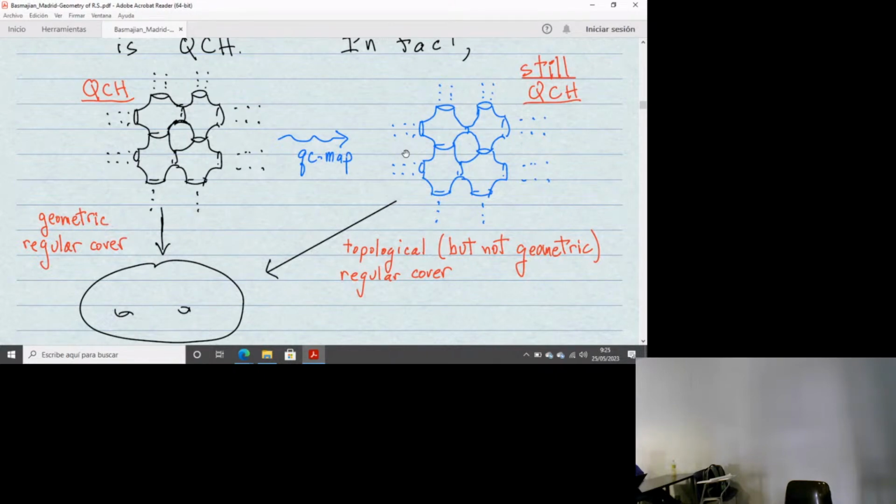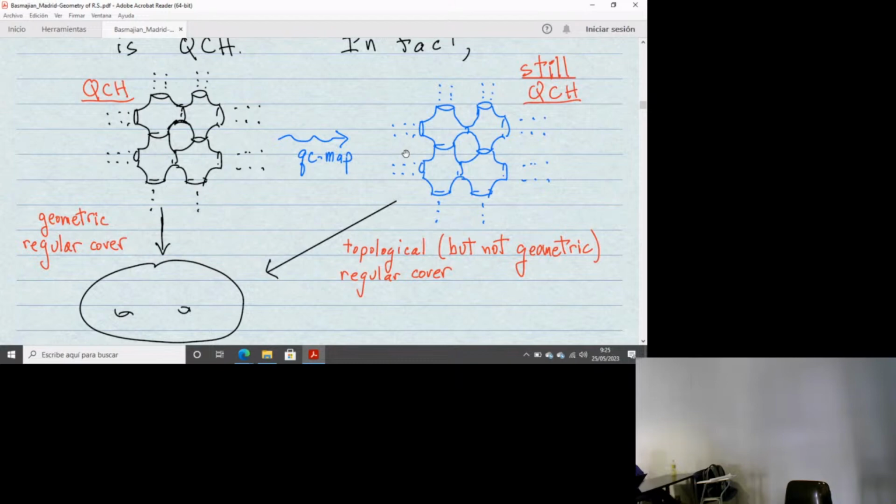It's a Z^2 cover of this, and it's QCH by what I just said. But the point is, anything QC equivalent to this, or bi-Lipschitz equivalent to this, is also QCH, okay? And it's no longer a geometric regular cover. It is still a topological regular cover, but it's no longer a geometric regular cover.